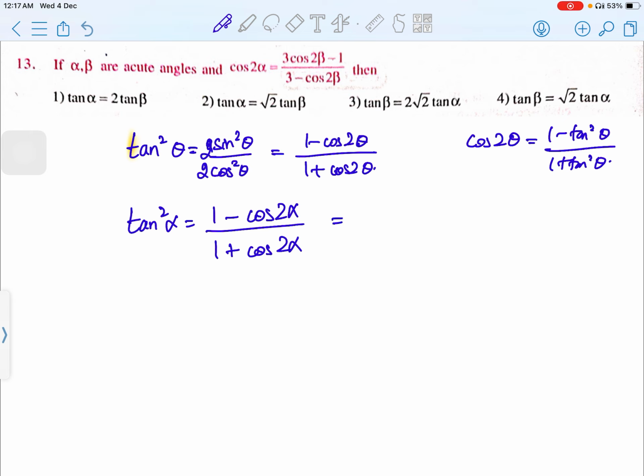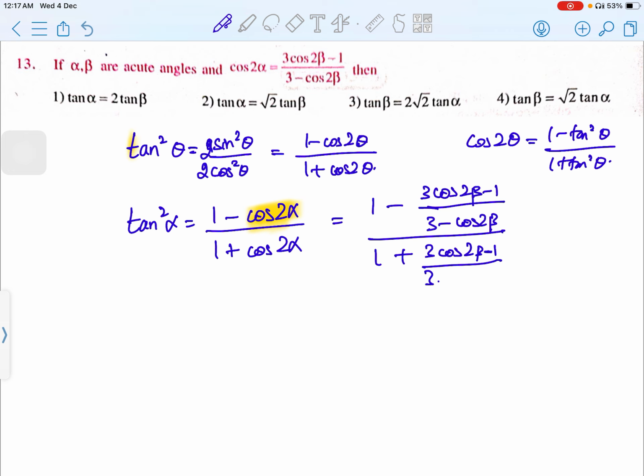What is your cos 2 alpha from the question? From the question it is nothing but 1 minus 3 cos 2 beta minus 1 by 3 minus cos 2 beta, divided by 1 plus 3 cos 2 beta minus 1 by 3 minus cos 2 beta.